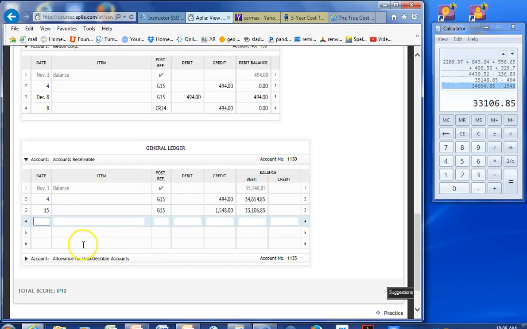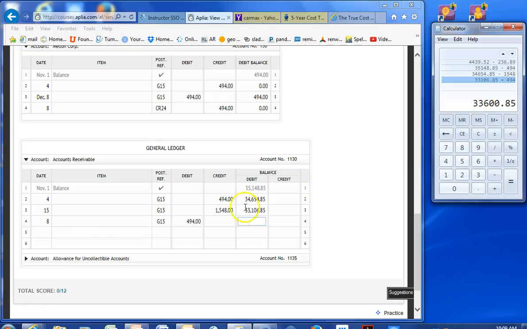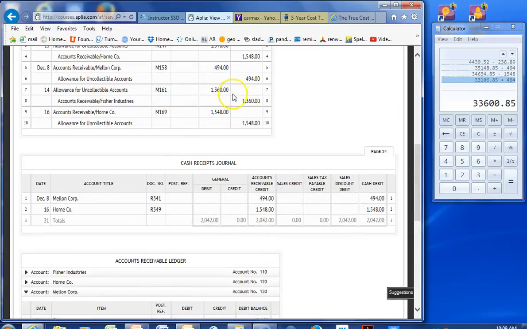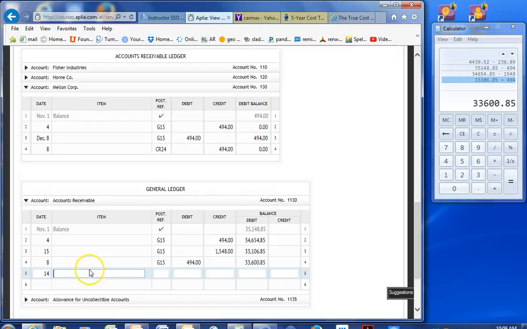Okay, on the 8th, remember we got money from, what company was it? Mellon Corp. G15. Had it back in. 33600. And then on the 14th, we got more money. Oh, first of all, on the 14th, sorry. We wrote off some more money. Yep, we wrote off Fisher.